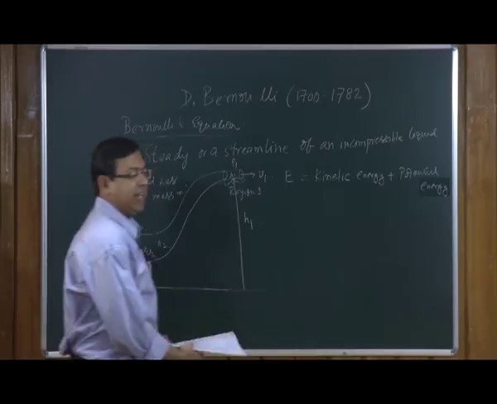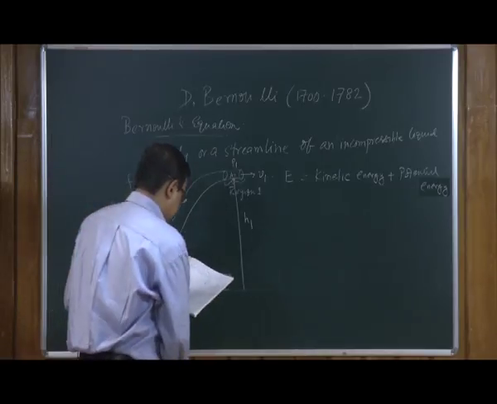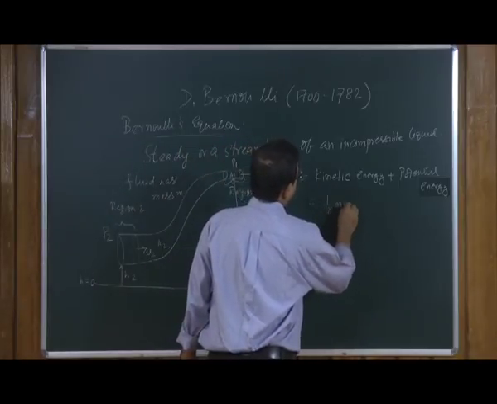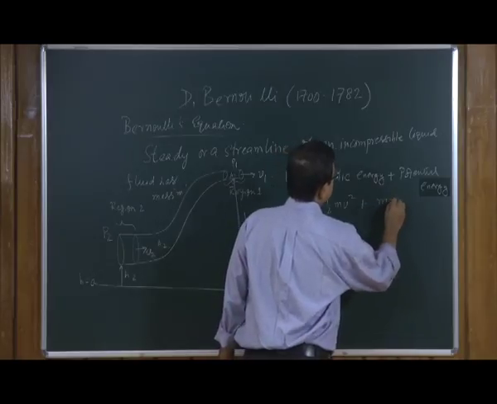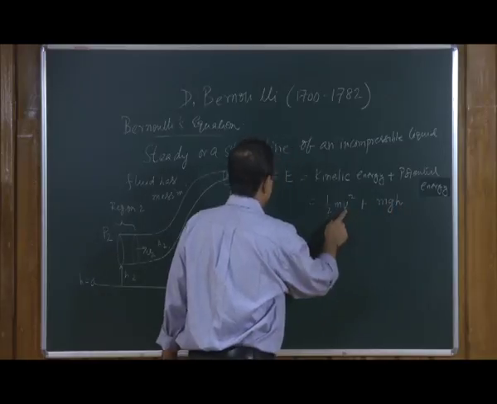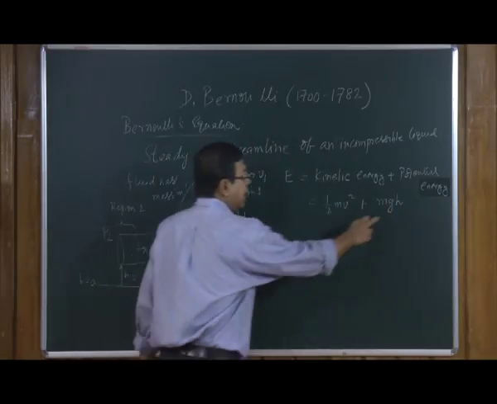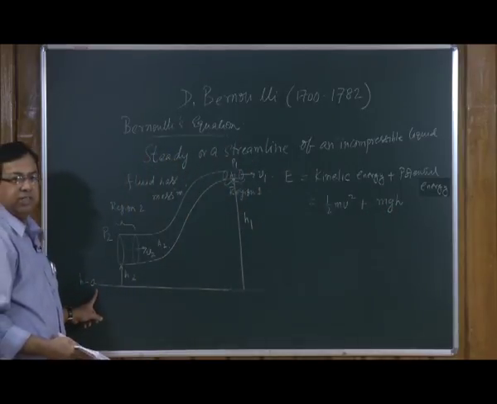This total energy is conserved, and so it is equal to half m v square plus m g h, where v is the velocity at any arbitrary point along the flow, and h is the corresponding height measured from this reference level.